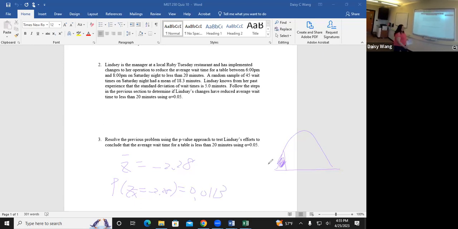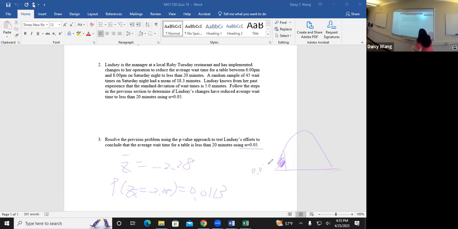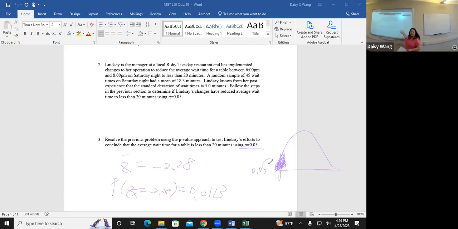Okay, and we only want alpha to be 0.05. So this is 0.05 and 0.0113 is smaller, so it's in this area. So from here, we also reject the null hypothesis. Okay, P less than alpha. Any questions? Okay.